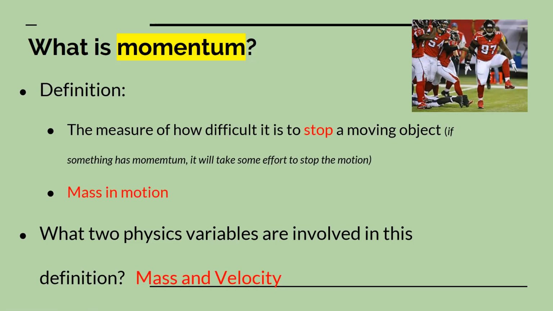All right. So I'm just following along on my notes with you. You should have written the measure of how difficult it is to stop a moving object, mass in motion, and then momentum depends on mass and velocity. Okay, that's what I got so far.